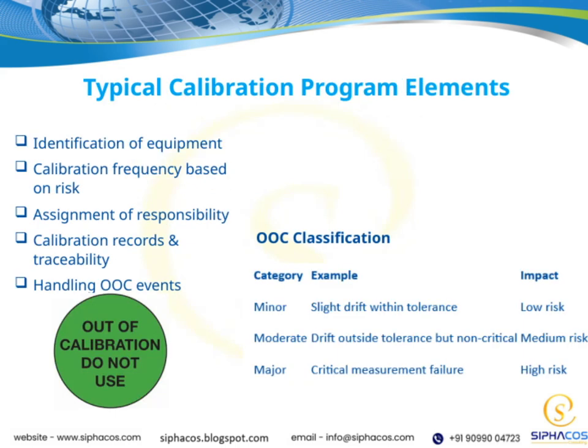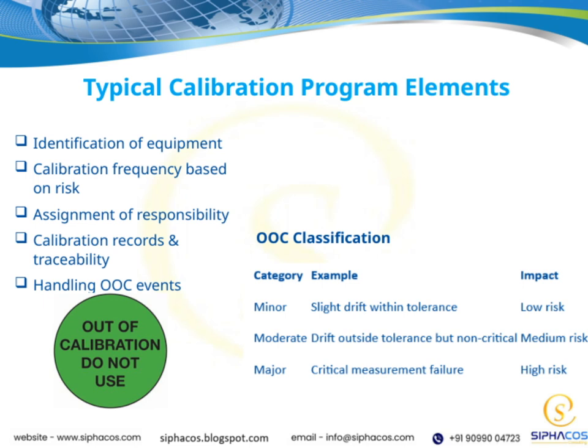Let's take a closer look at the key elements involved in out-of-calibration, or OOC, classification. First, identifying the equipment is crucial, knowing exactly what tools and instruments need to be calibrated. Next, calibration frequency should be determined based on risk. Higher risk equipment may require more frequent checks to ensure accuracy. Assigning responsibility is also essential. Someone should be clearly accountable for performing and documenting calibration activities.